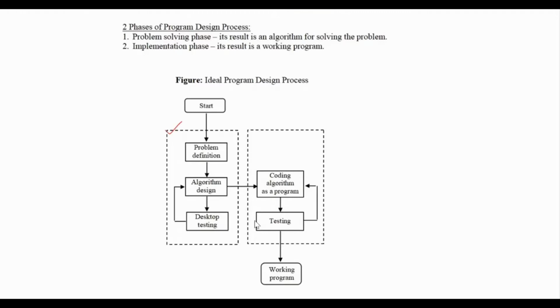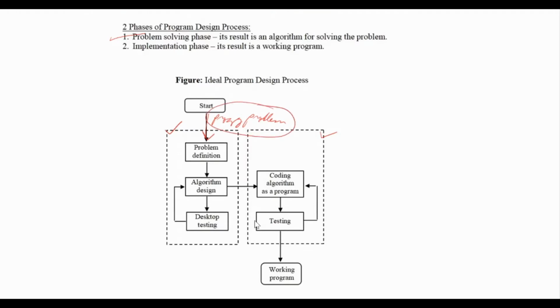And the second phase is called the implementation phase, which is represented by the right broken box. As depicted in the flowchart here, the input to the problem-solving phase is a programming problem.